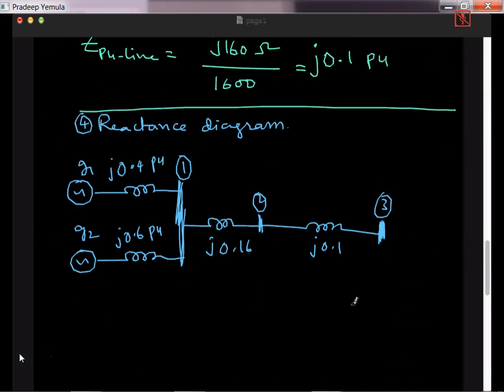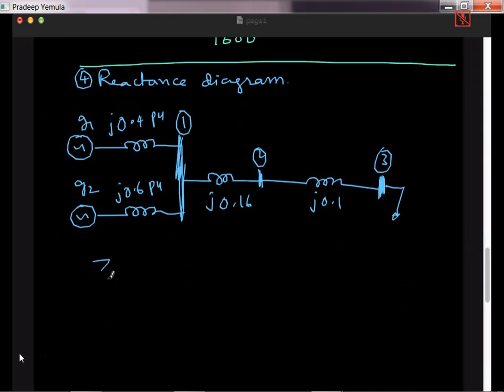Now the next step is simply to find the Thevenin's impedance ZTH, or in this case Z33, the impedance at bus 3, since there is a fault here.